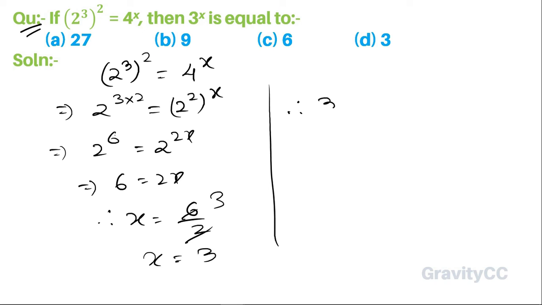So therefore 3 to the power x is equal to 3 to the power 3 is equal to 27. Answer. So option A is the correct answer.